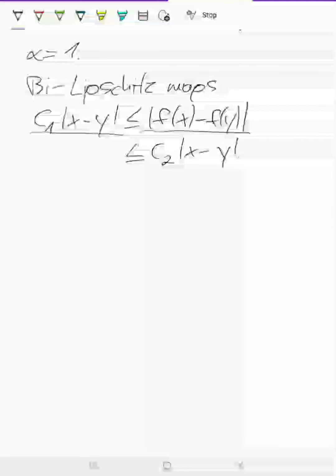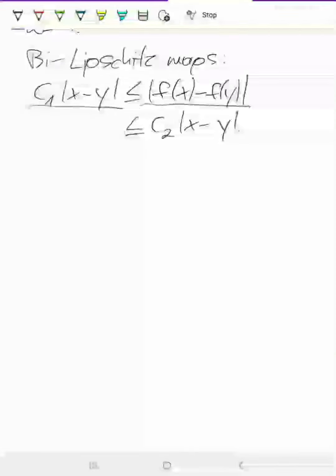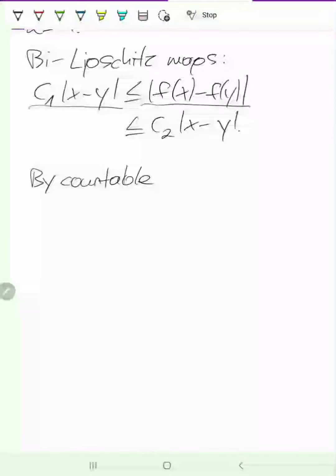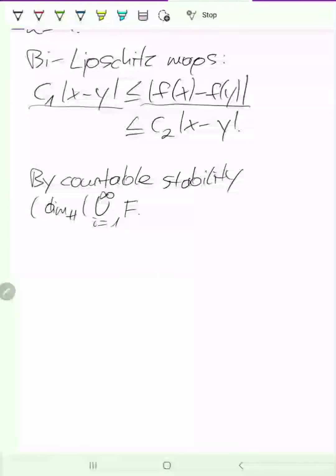Now let me give you another small fact which we will use in the next video. Namely, there's a fact about the dimension called countable stability. This just means that the dimension of some countable union of some sets F_i is the supremum over the dimensions of the F_i's.